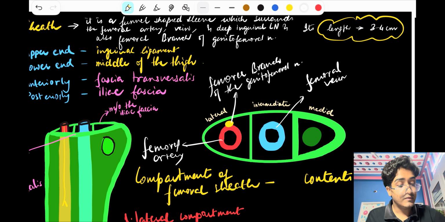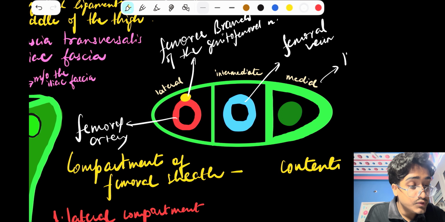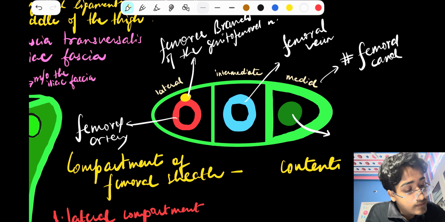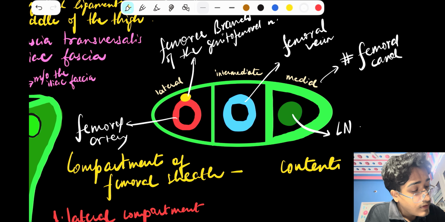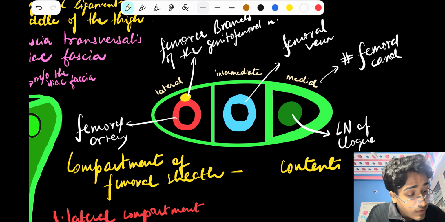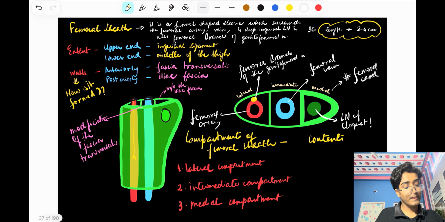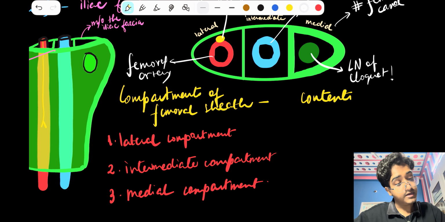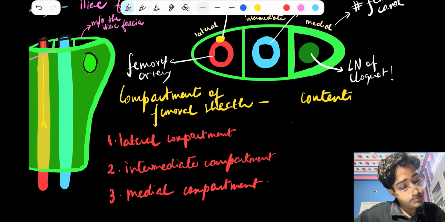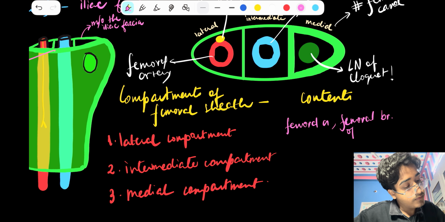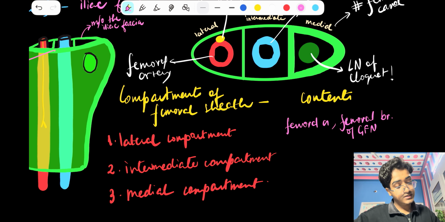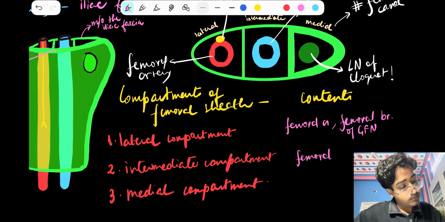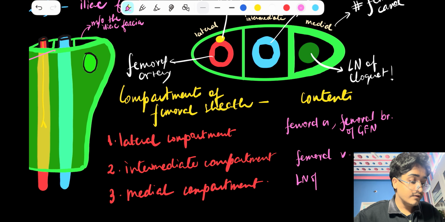And now, an important part, the medial compartment, which is also known as the femoral canal, includes a lymph node known as the lymph node of Cloquet. So the lateral compartment has the femoral artery and femoral branch of the genitofemoral nerve, the intermediate compartment has the femoral vein, and the medial compartment has the lymph node of Cloquet.